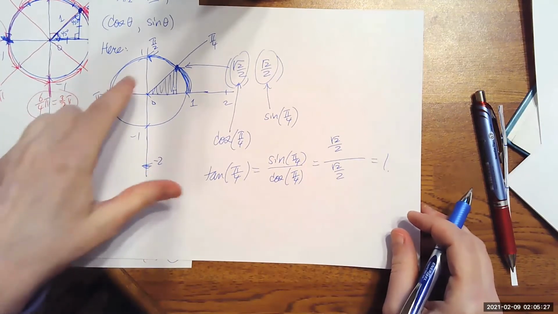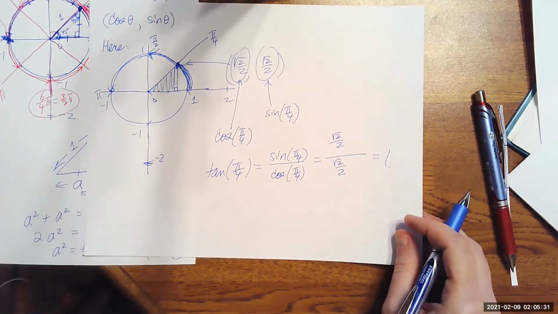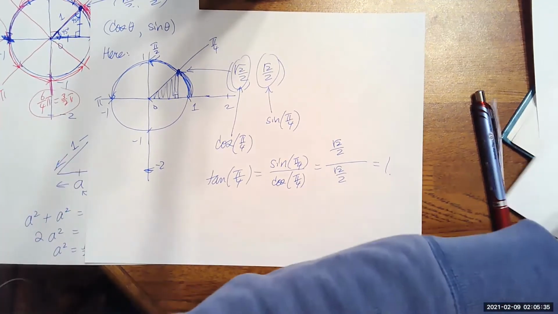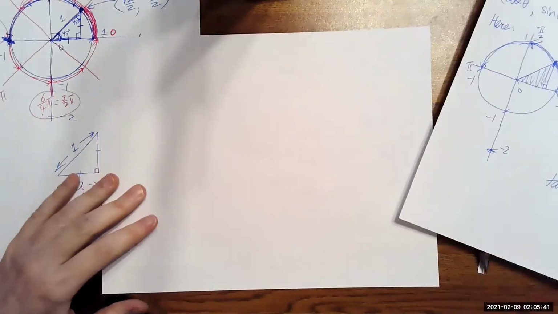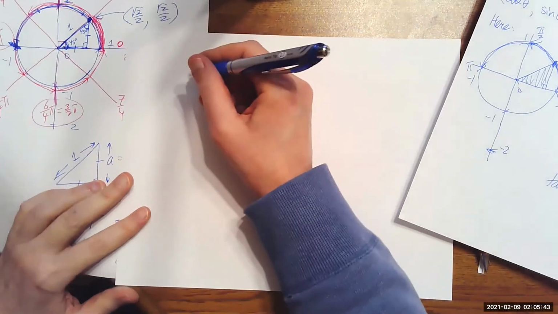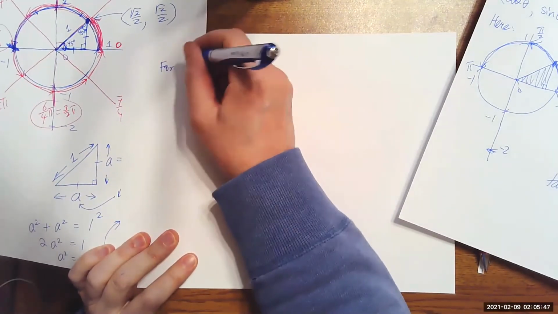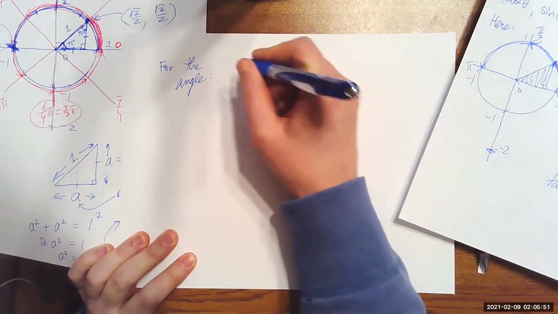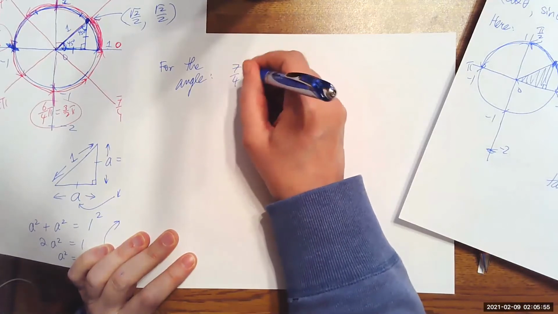And from the same circle, we can get sines and cosines of other related angles, like the following. So let's suppose we need to find, for the angle, let's try 7/4 pi.